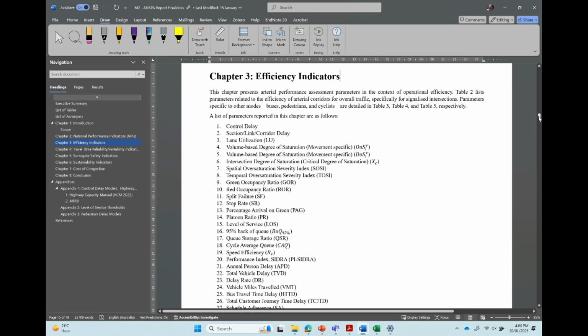This is for the movement, intersection degree of saturation, and so on. There's a lot of indicators out there, and each indicator tells you one aspect of the intersection performance. Think of them as separate lenses. You have a multi-view information about the intersection. So efficiency has its own long list.